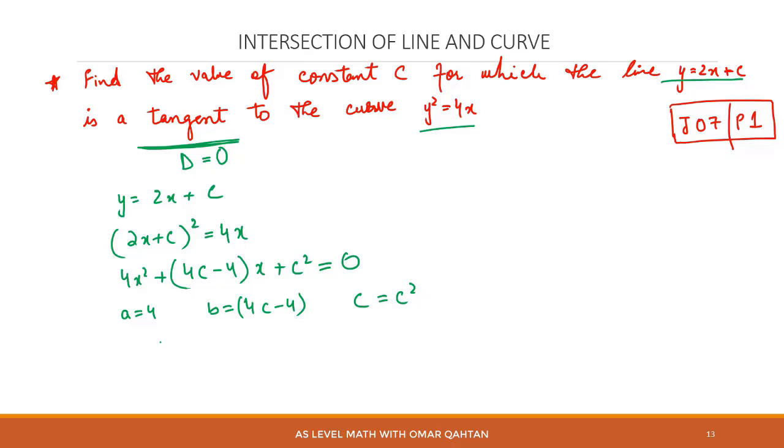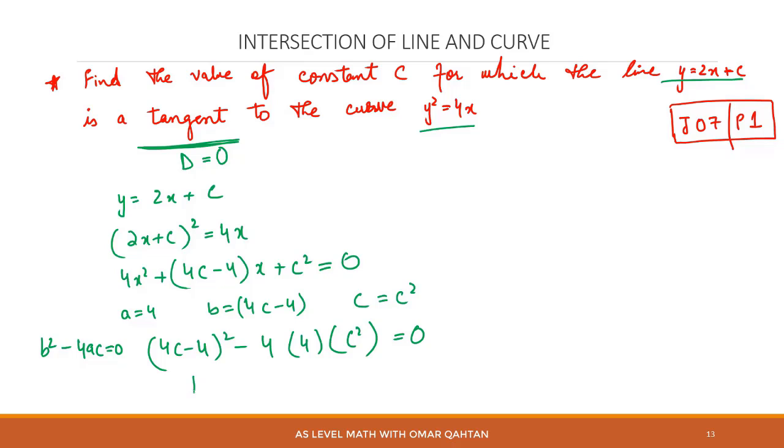So substituting back into the discriminant equation, we have (4c minus 4) whole square. Write the formula here, b square minus 4ac is equal to 0. So b square minus 4, where a is 4 and c is c square, is equal to 0.